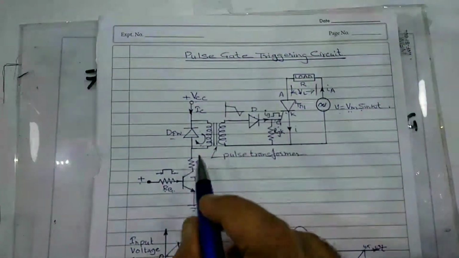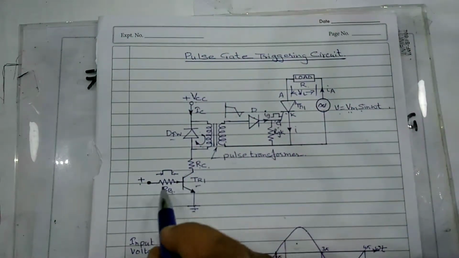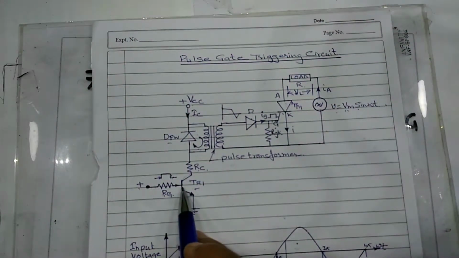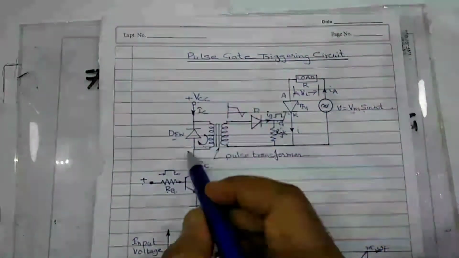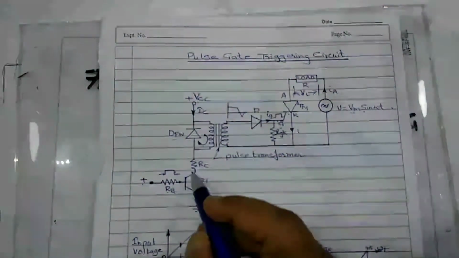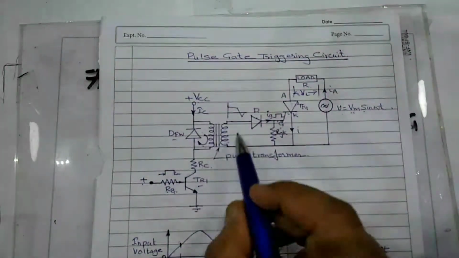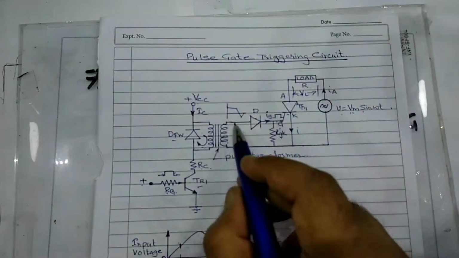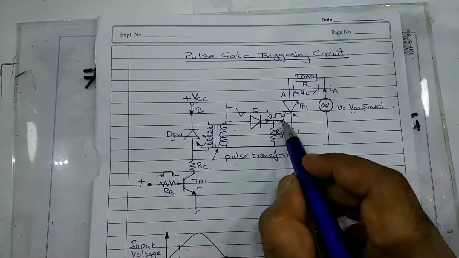The transistor acts as a switch which is set into conduction as the pulse appears on the base. So when the transistor is switched on, the current passes through the primary and through the transistor. This current provides a pulse on the secondary side which passes through the diode to the gate.